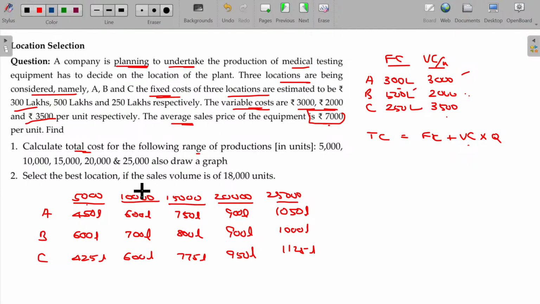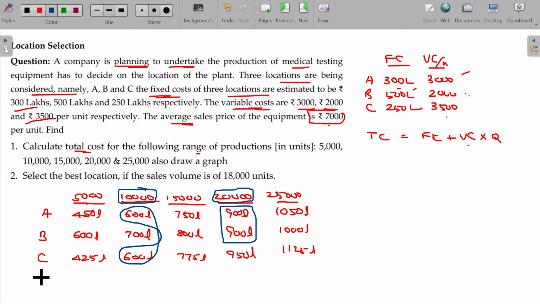Now tell me, at 10,000, A and C are merging. At 20,000, A and B are the same.